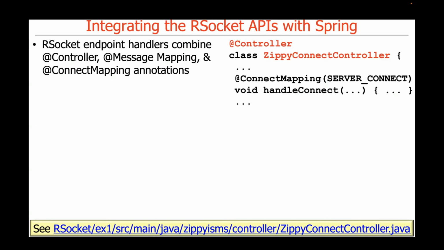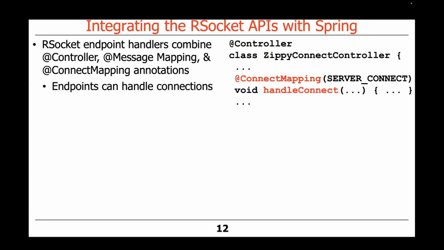So we're going to have this Zippy quotes application, similar to what we've looked at before. And we're going to have two controllers and two services. The first controller is called the Zippy Connect controller. As the name may suggest, it handles connect events. Therefore, it has a connect mapping annotation that says the handle connect method is going to be used to handle connection events for this particular RSocket server.